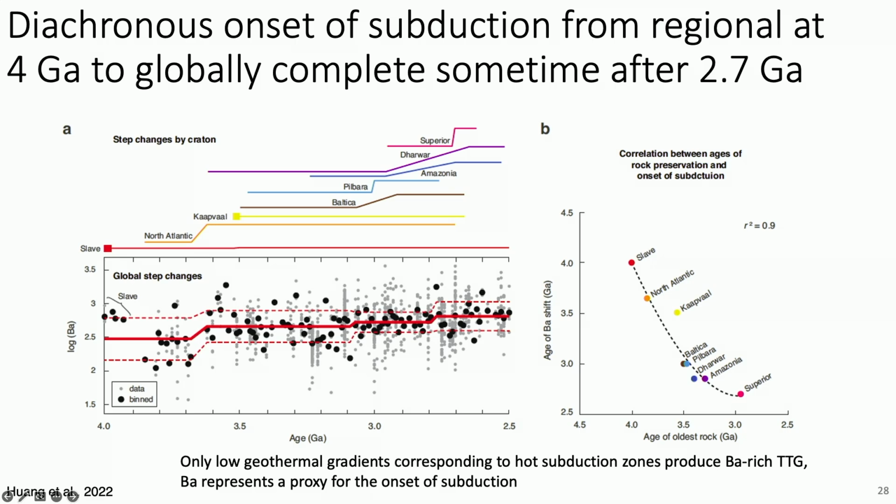Massively, it started around 3.4 billion years ago, or a little later, and it was well established after 2.7 billion years ago. So that's really the time where one can say that something very close to modern plate tectonics started. So there was this transition between 4 and 2.7 billion years ago.